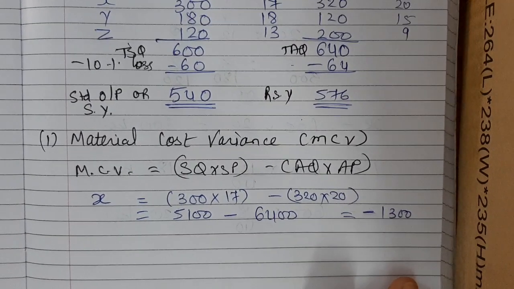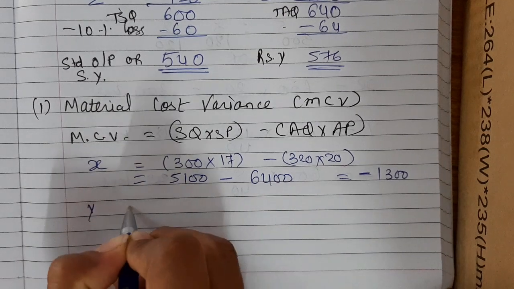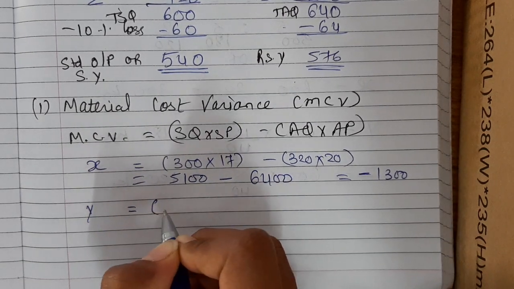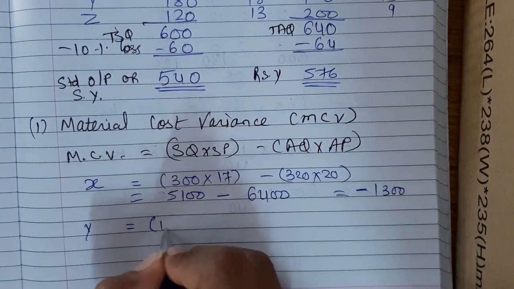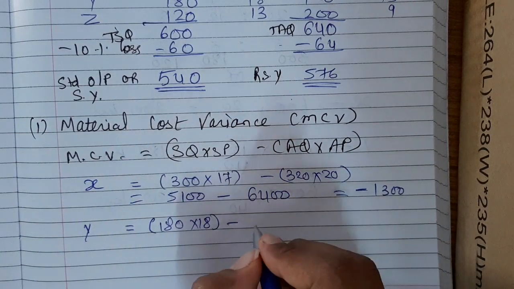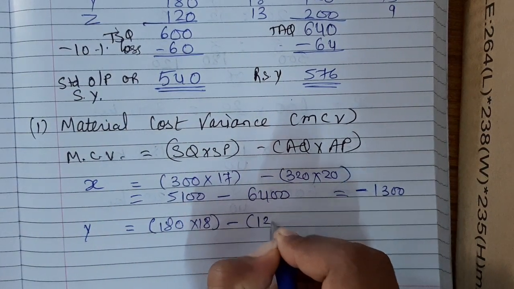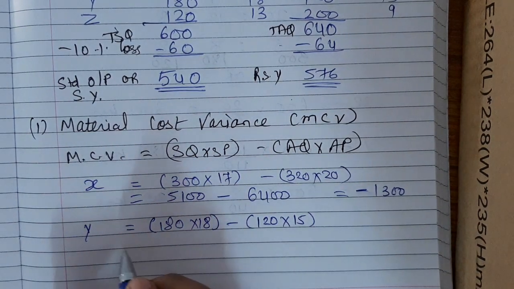Likewise for Y, the standard quantity of Y is 180, standard price is 18, actual quantity 120 and actual price 15.